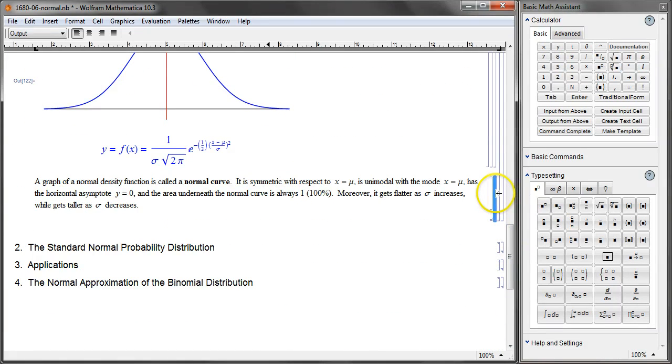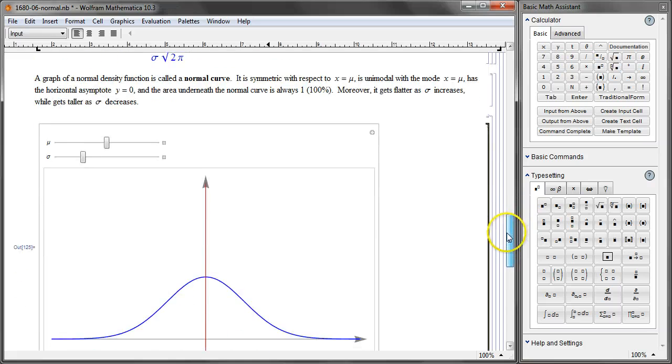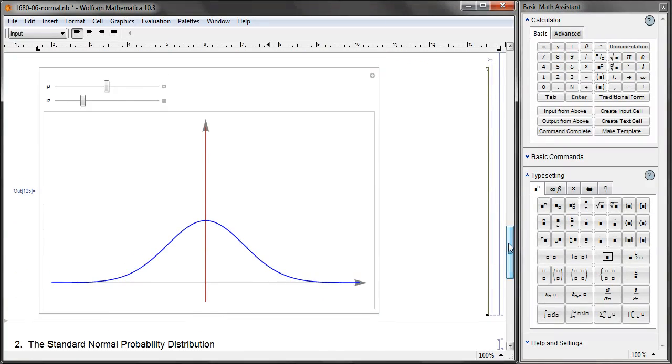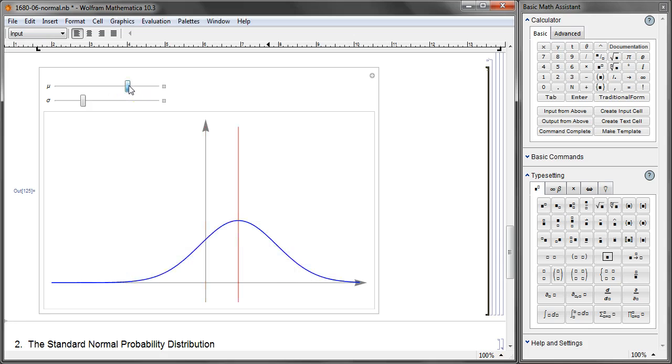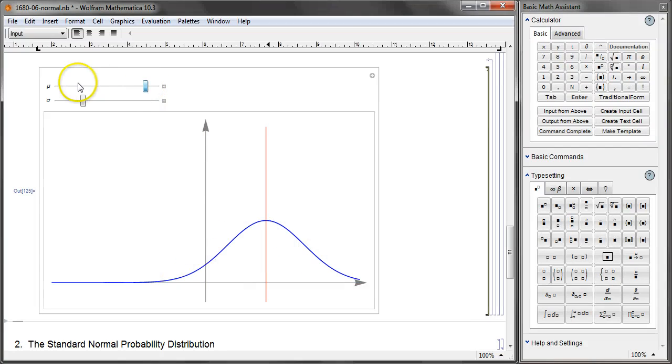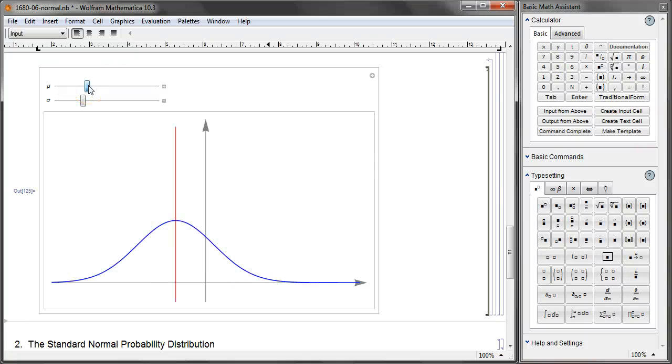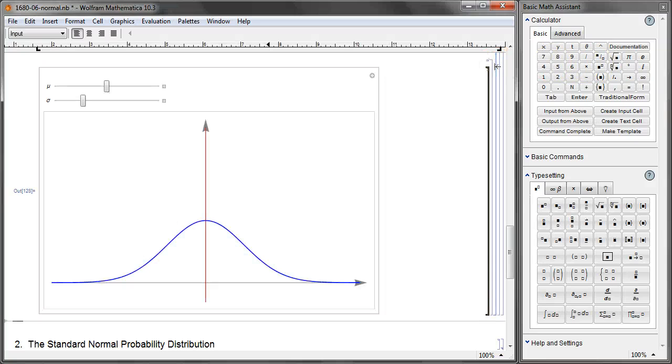Instead, let's discuss how this normal curve is affected by the change of expected value and standard deviation. If I move my mu, then this normal curve follows it, because it's more likely that we have concentration around the expected value, so we have bigger probability density there. Symmetry with respect to x equals mu.